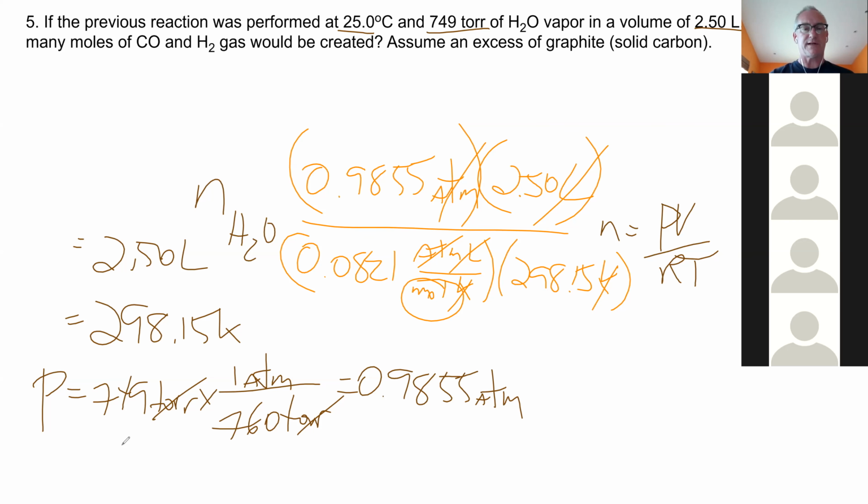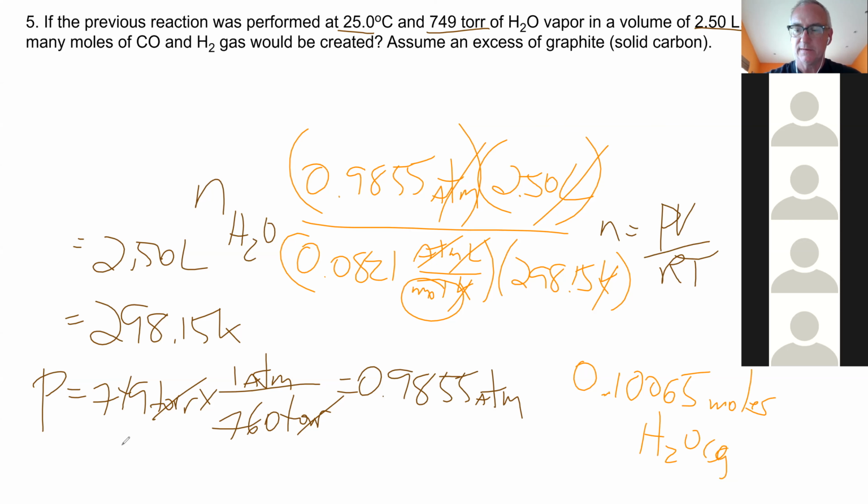So how many moles of water vapor is that? 0.10065 moles. So that's how much water vapor is there.